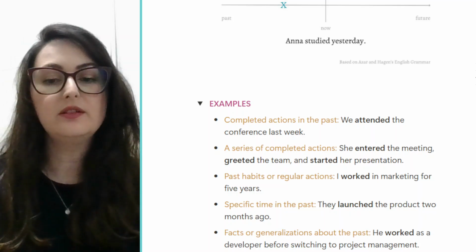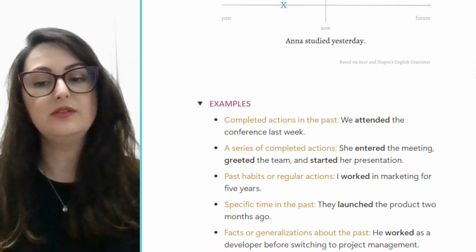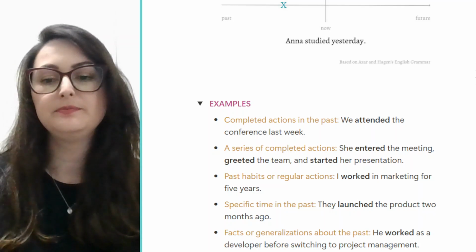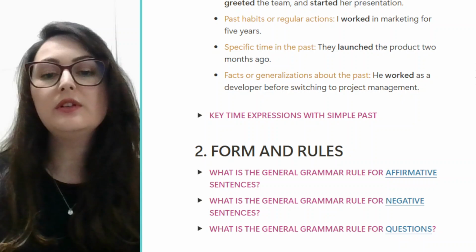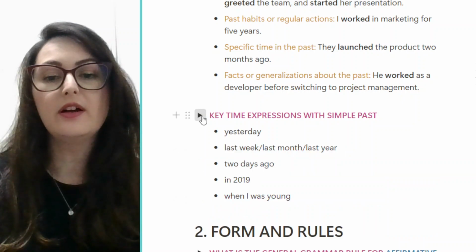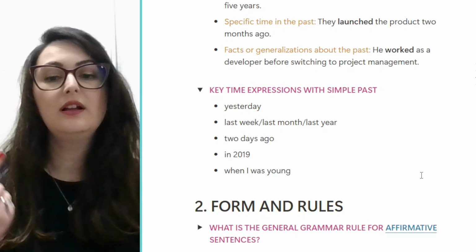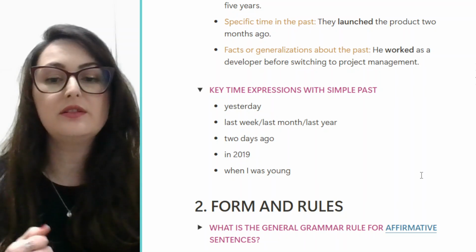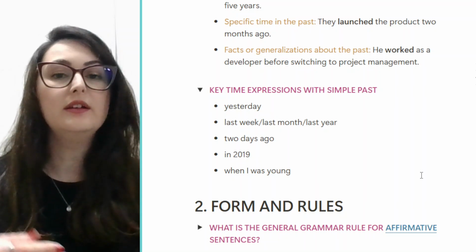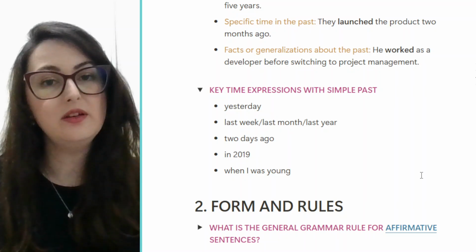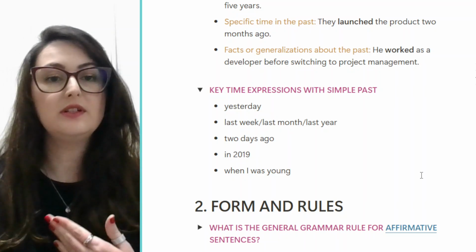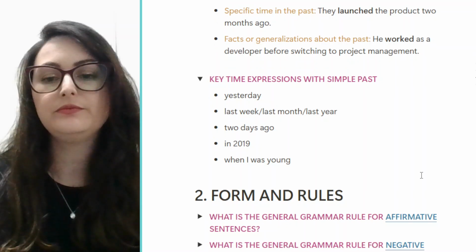He worked as a developer before switching to project management. And you will see that with this tense we have some key time expressions such as yesterday, last week, last month, last year, 2 days ago, in 2019, when I was young. So specific times in the past.